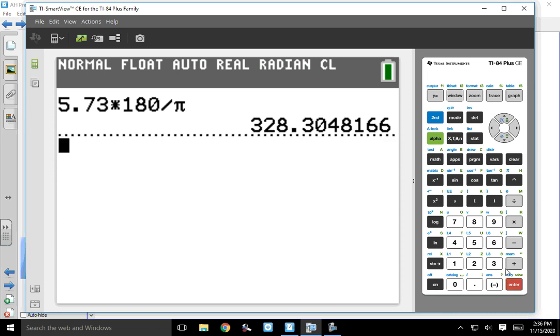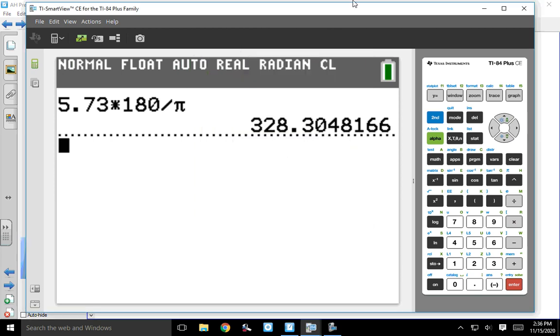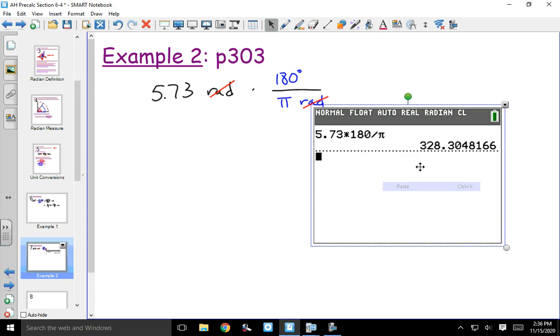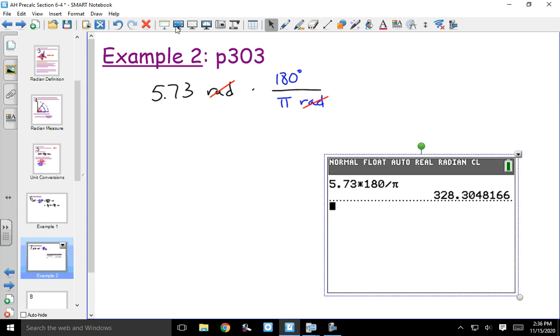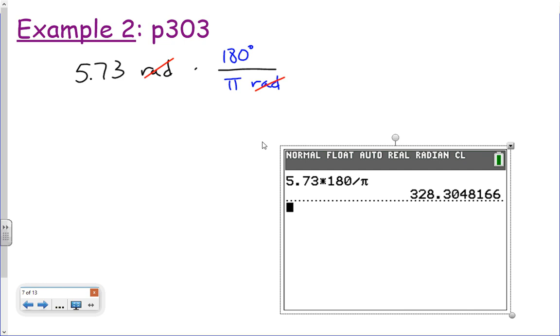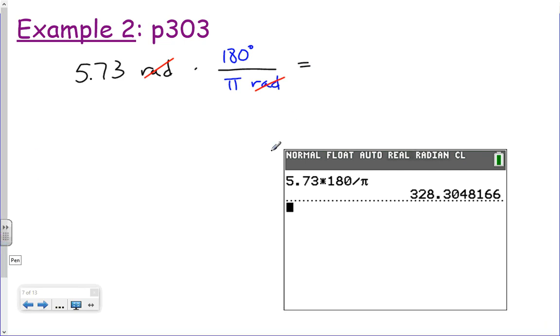In fact, I'll just grab a picture of that. Let's just jot that down. 328.305 degrees is our answer.